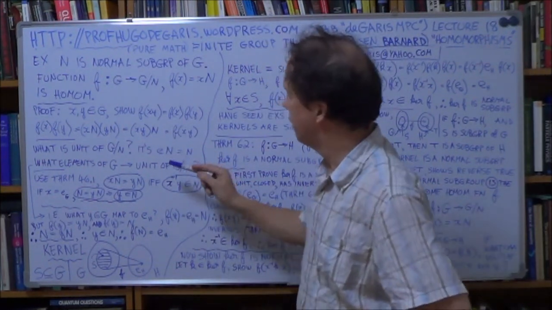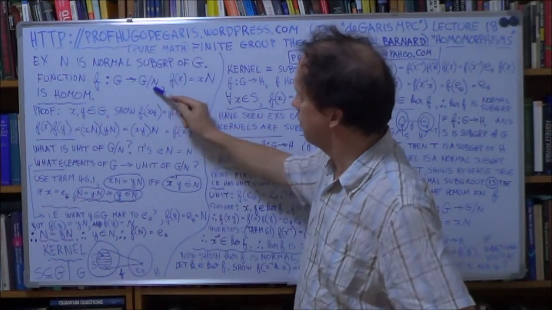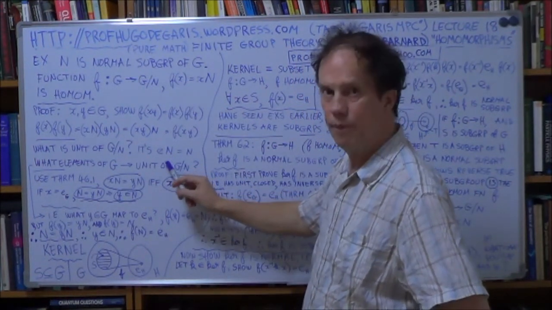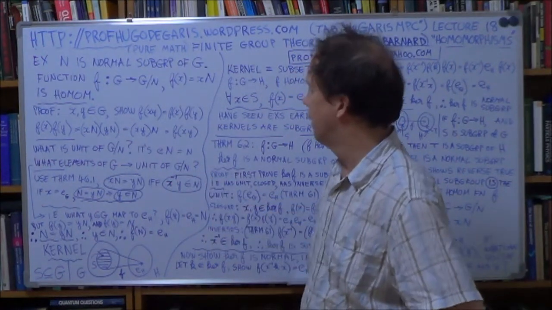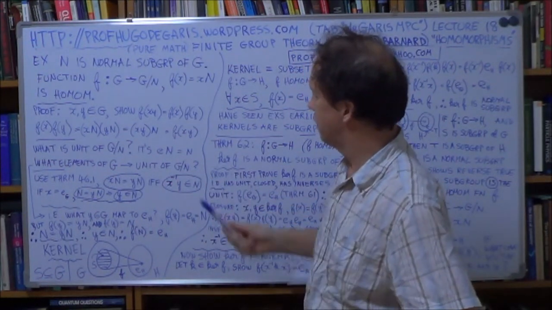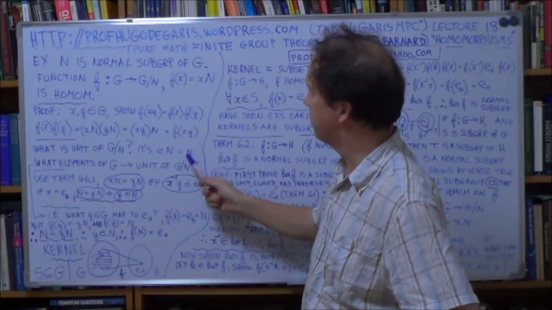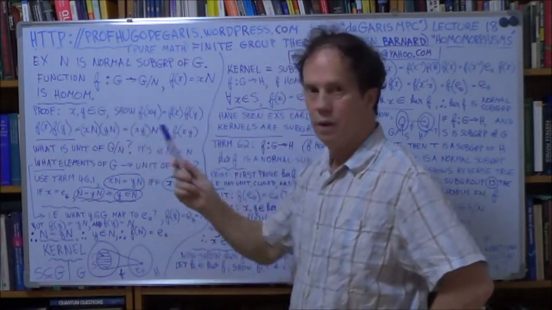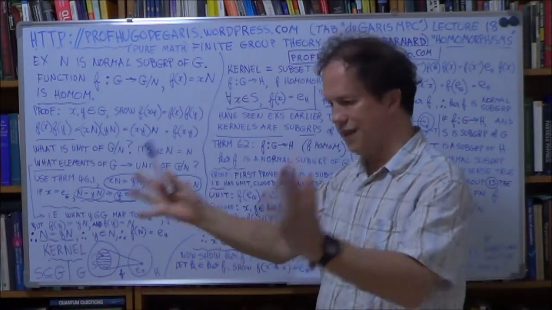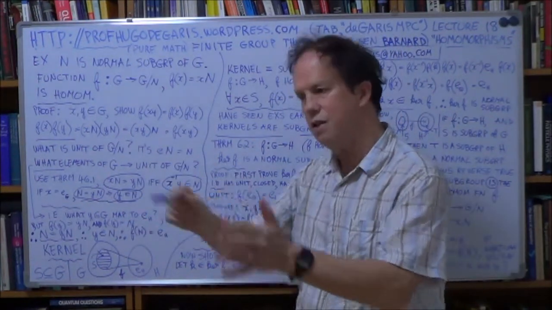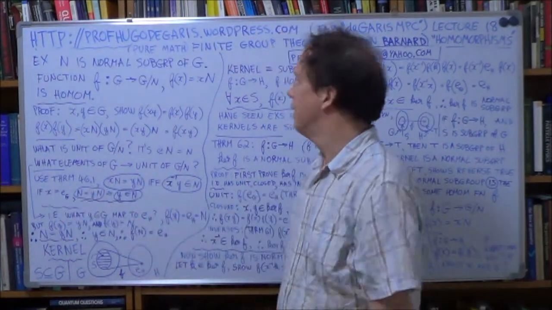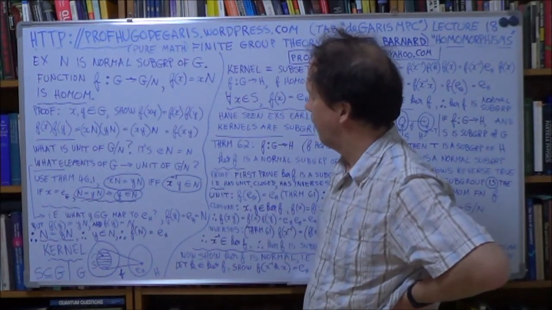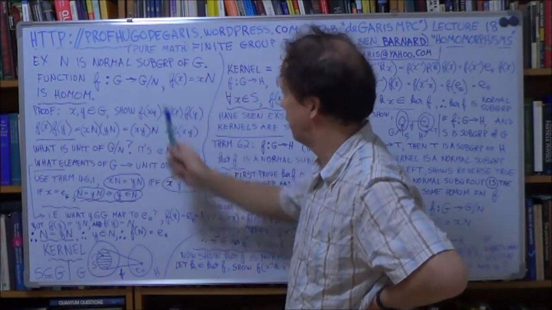So the unit of a quotient group of this form is just en, which is just n. So the set of elements belonging to n, the normal subgroup, that set, coset, because e times the set is a coset, so that n is the unit of this, right?